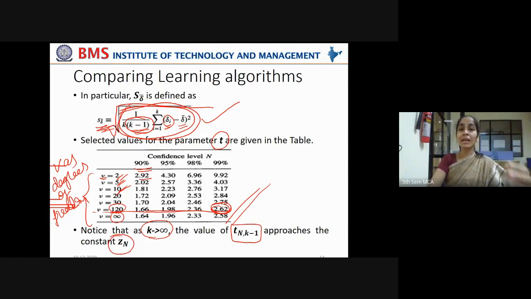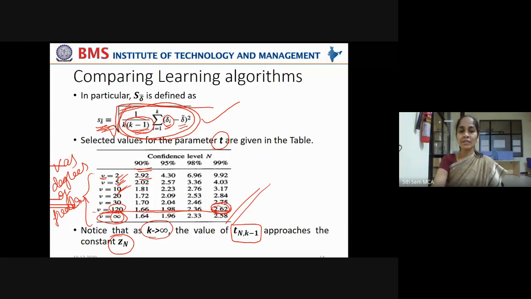Did you notice that? It is slowly coming near to the value of the z-score. The t value will reach the value of the z-score as the degrees of freedom tends to infinity.